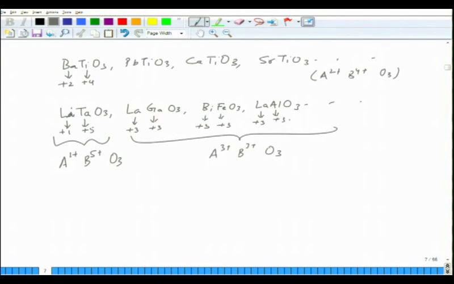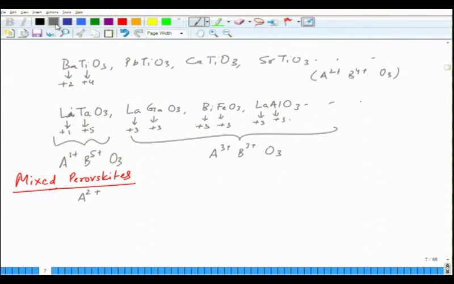You can also make mixed perovskites, basically solid solutions.